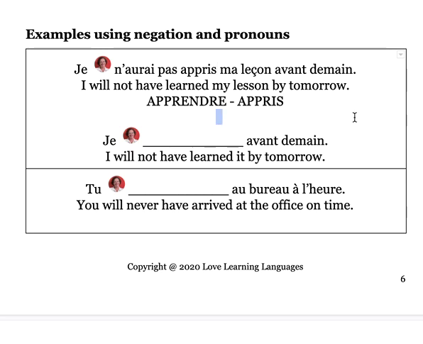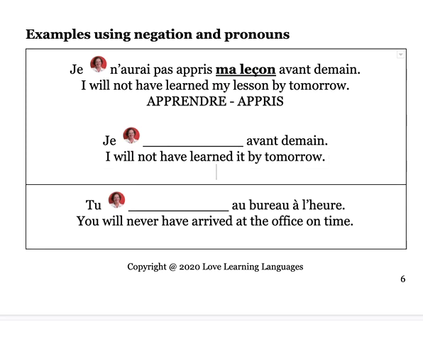You got all that? So what we want to do in the next one is replace ma leçon with a pronoun. So the pronoun that you're going to need, if you want to replace ma leçon, that's a direct object, right? What will I not have learned? My lesson. If it answers the question, what, that's a direct object.